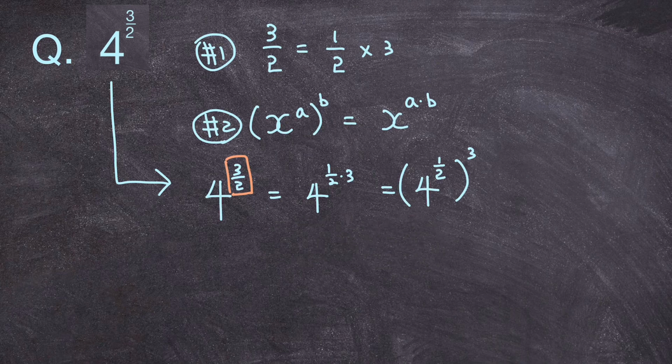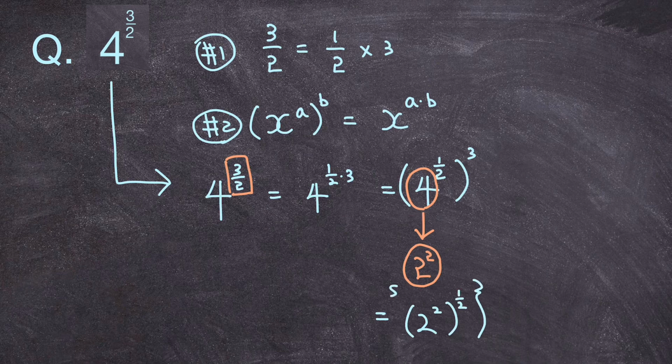And then I'm going to do one more trick here, which is I am going to turn 4 into 2 squared, because 2 squared is equal to 4, right? If I do that, what I am left with is 2 raised to the power of 2 raised to the power of 1/2, and then I'm taking that whole thing to the power of 3.